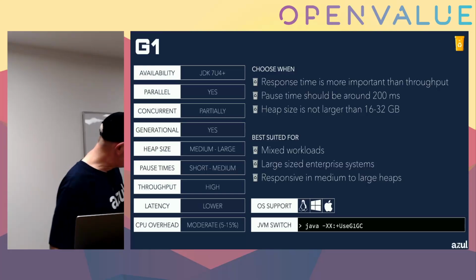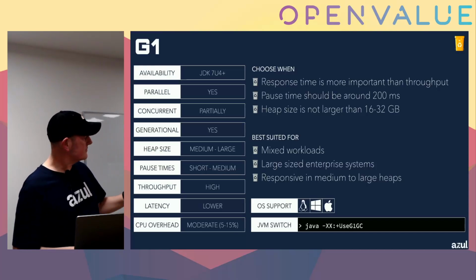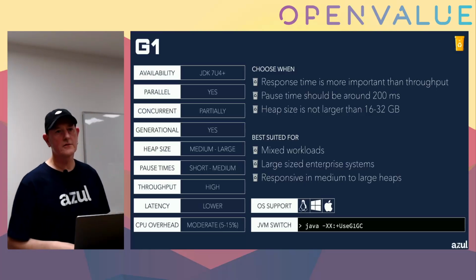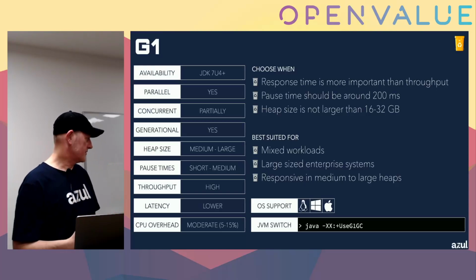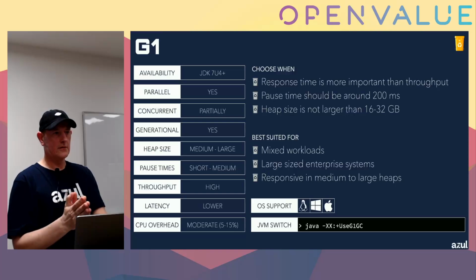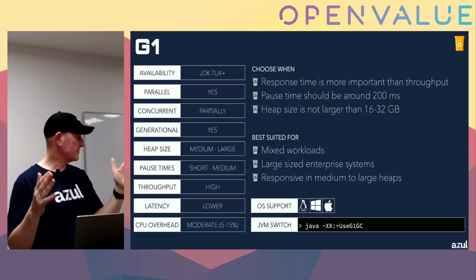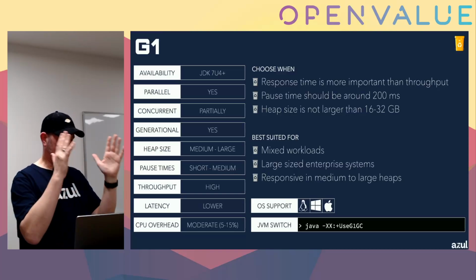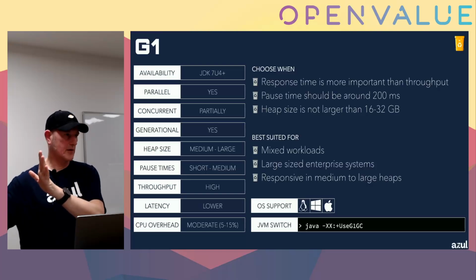You see, I didn't really explicitly talk about it, but the CPU overhead increased here from 5 to 10 to 5 to 15%. The reason for that is it's partially concurrent. And this is something you have to keep in mind. That's very important. If you use the parallel GC, that means you have 100 threads for your application, 100 threads for garbage collection, 100 threads for application.